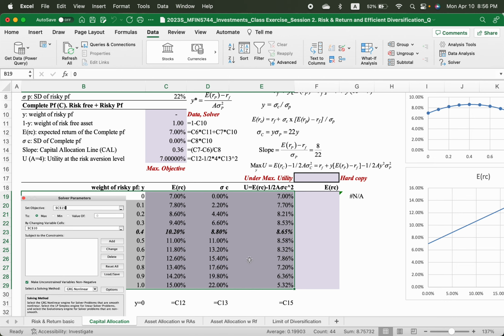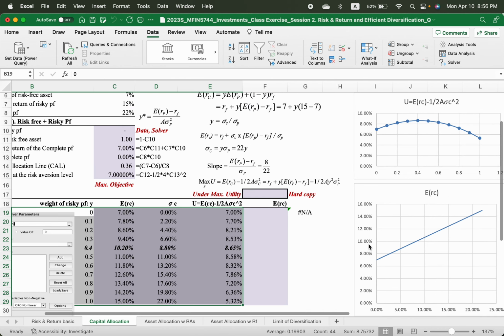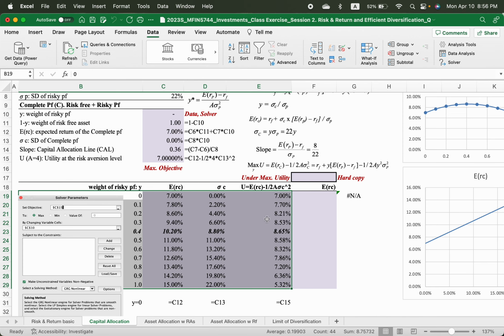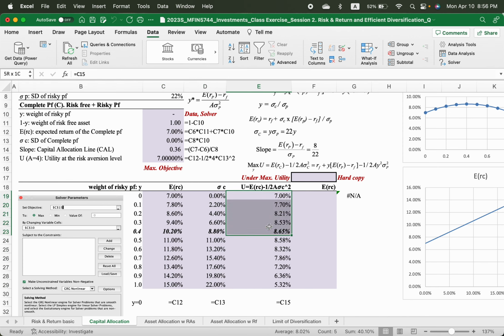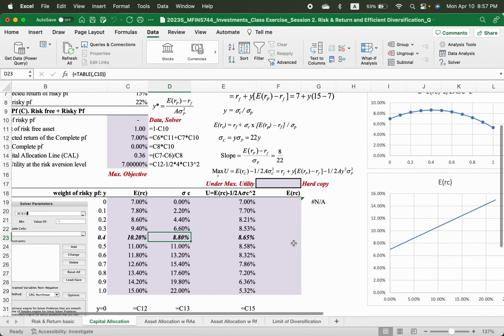Then now we generate this, right? So as you can see here, what is the maximum score of utility? Right, it's around 8.65, when the weight of the risky portfolio is 0.4, 40% we invest in the risky portfolio, where this complete portfolio expected rate of return will be 10% with the 8.8% standard deviation, right?